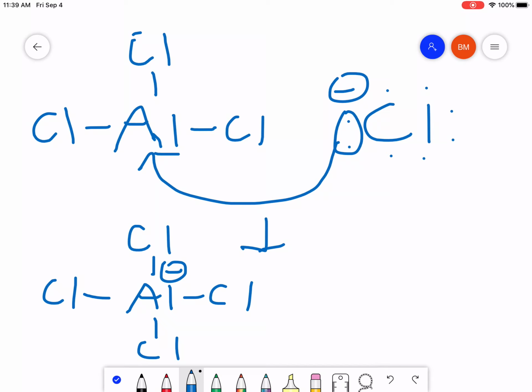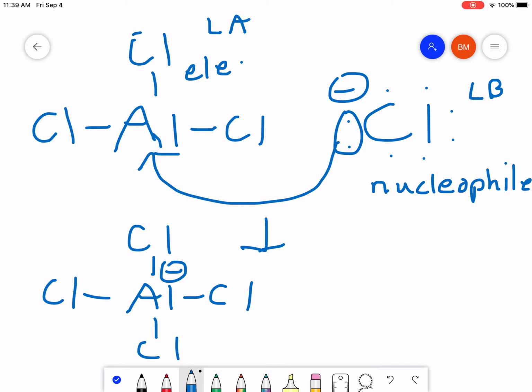In this case, aluminum trichloride would be referred to as a Lewis acid, and Cl minus would be referred to as a Lewis base. There's a couple of other terms that we can apply as well. We can also call Cl minus here a nucleophile. We can also call aluminum trichloride here an electrophile.